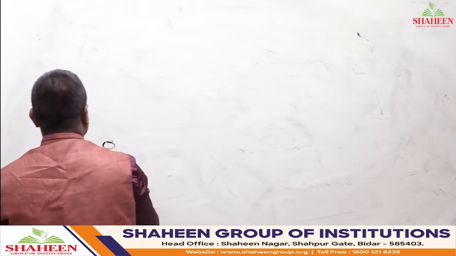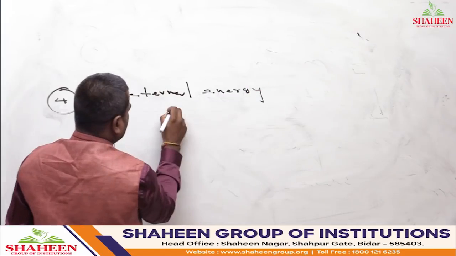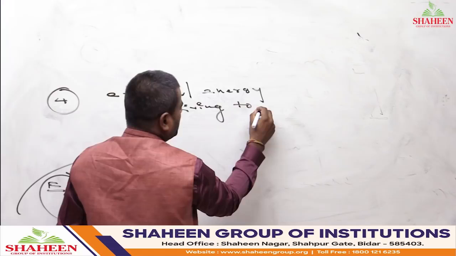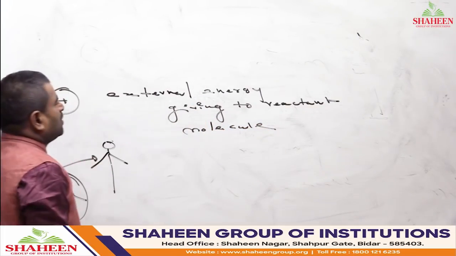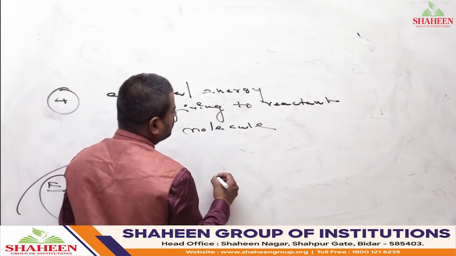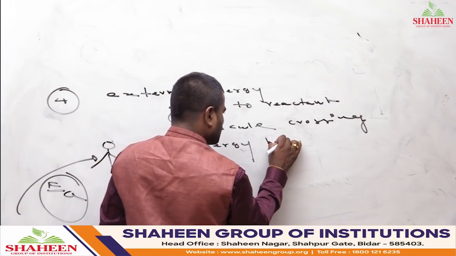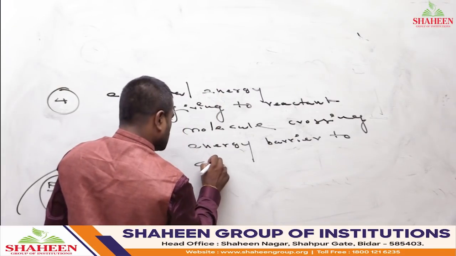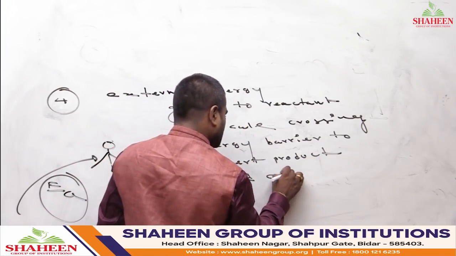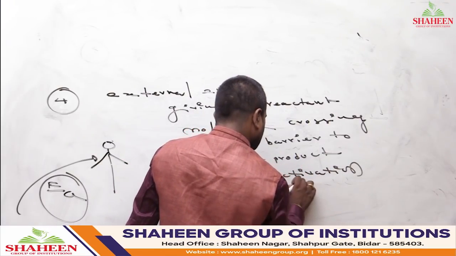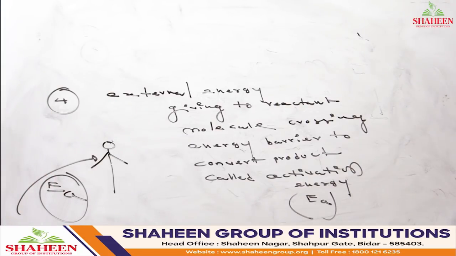The external energy given to the reactant molecule, crossing the energy barrier to convert to product, is called activation energy, that is EA.